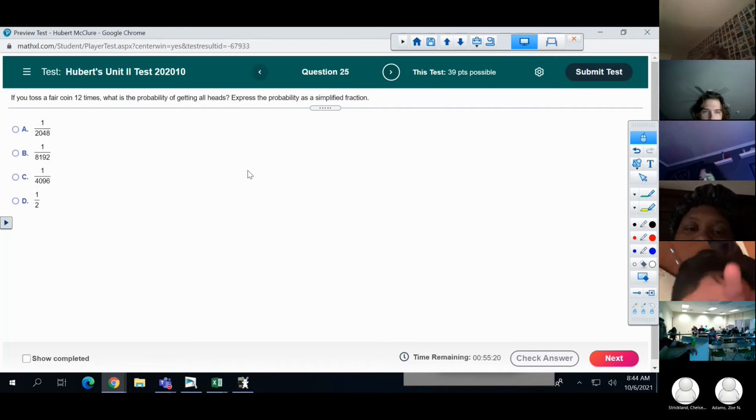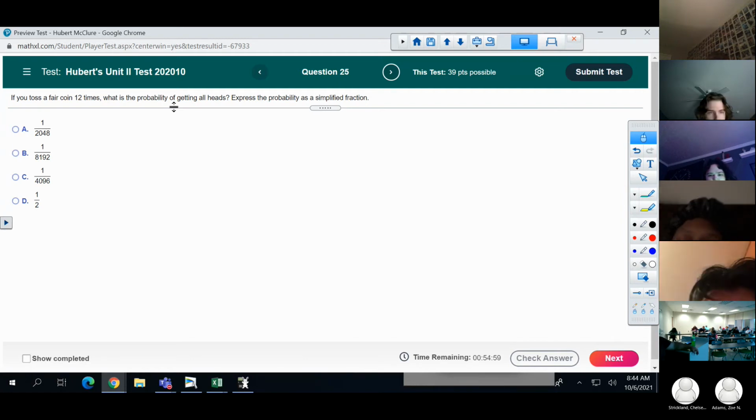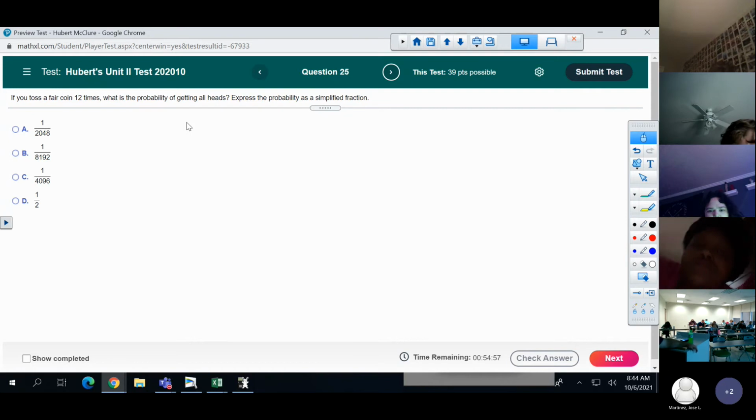If you toss a fair coin 12 times, what is the probability of getting all heads? Well, that'd be 1/2 to the 12th power. Somebody do 1/2 to the 12th power. It's either 2048 or 4096 because I can't remember what 2 to the 12th power is.